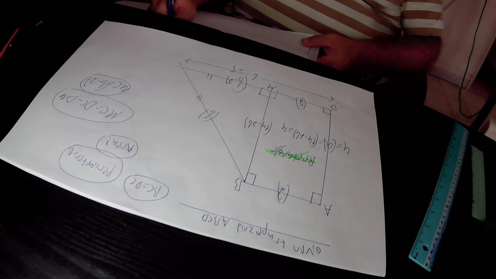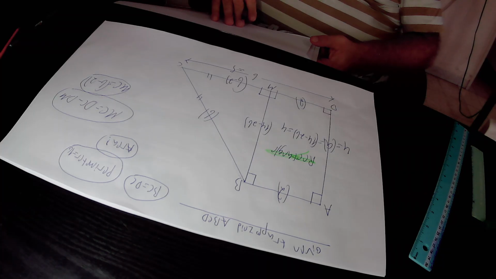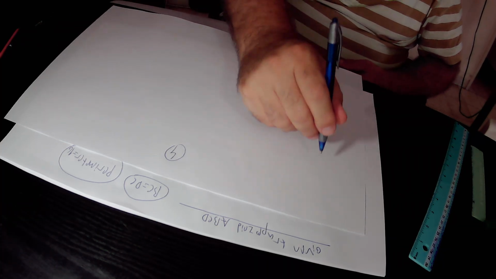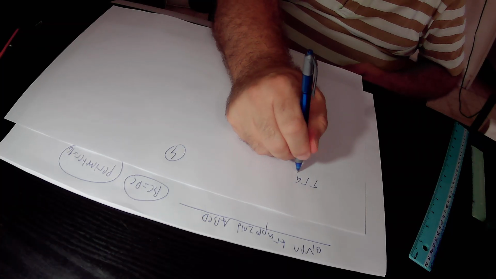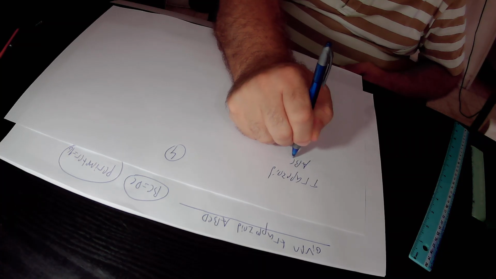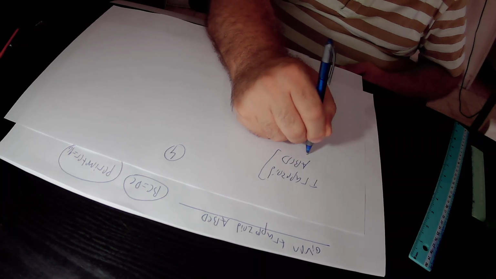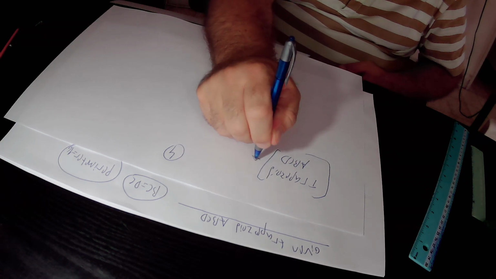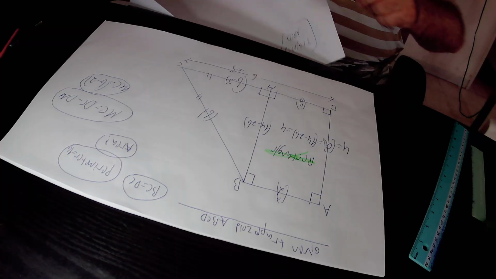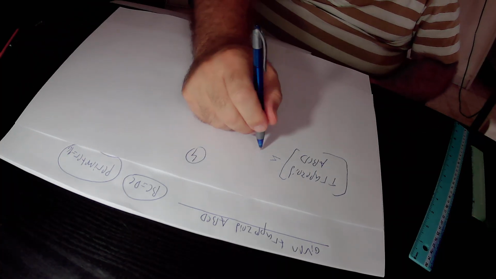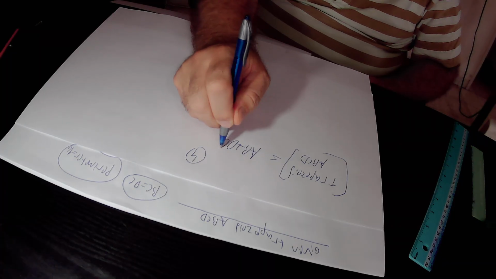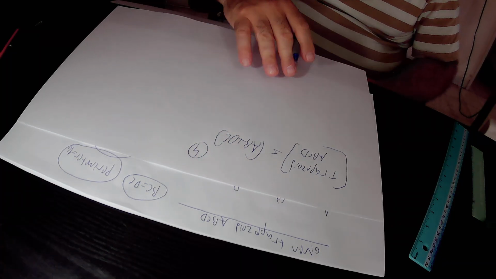And according to the formula that I presented to you in the beginning of the lecture, the area of trapezoid ABCD must be equal to the sum of its two parallel bases, this is actually AB plus DC, times the height over 2.